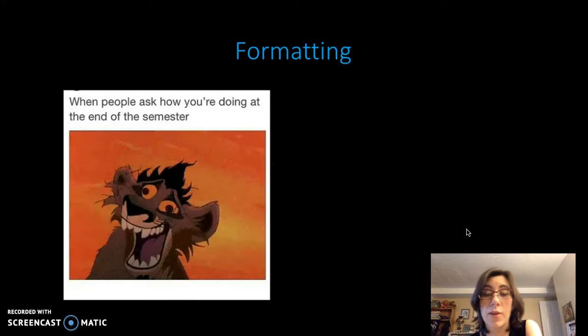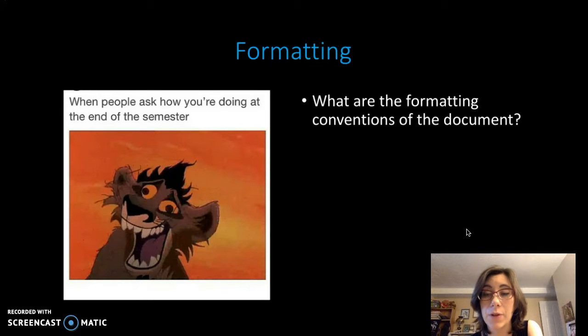Once you're happy with the purpose and the audience and the tone, think about the formatting and organization of your paper or your document. What are the formatting conventions? Letters have different rules and conventions than memos, and memos have different rules and conventions than white papers.